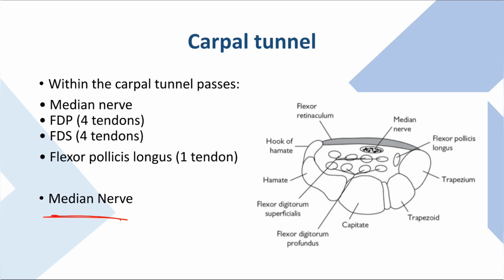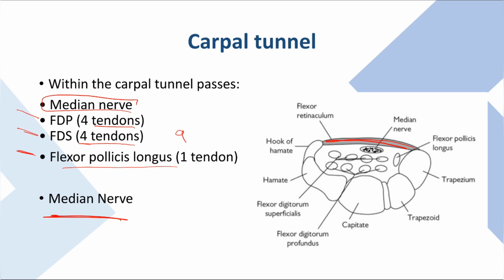There are some tendons that run through this tunnel: flexor digitorum profundus 4 tendons, flexor digitorum superficialis 4 tendons, and flexor pollicis longus, which is 1 tendon. So these 9 tendons plus the median nerve. If there is pressure, the patient will get symptoms.